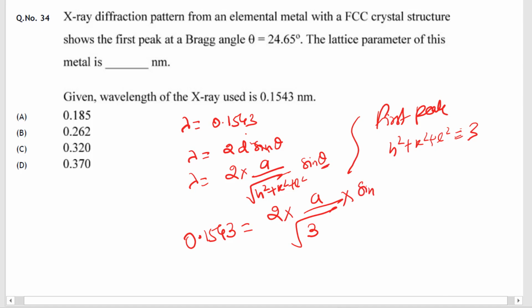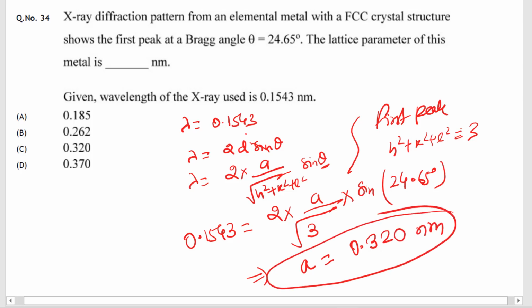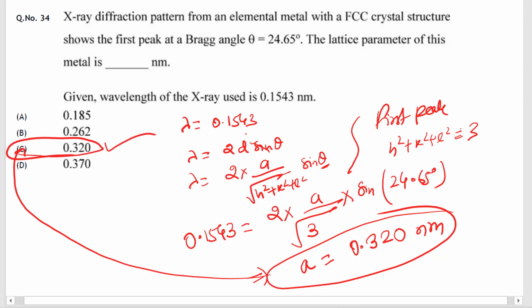Bragg angle. So Bragg angle we are given here 24.65 degree. If you solve this equation, then a you will get as 0.320 nanometer. So this corresponds to option C. Right guys? Let us move to next question.